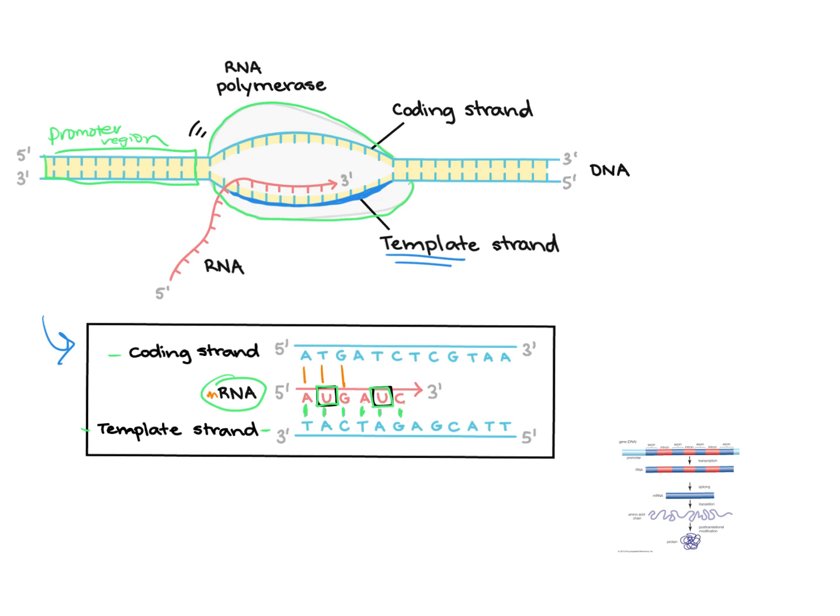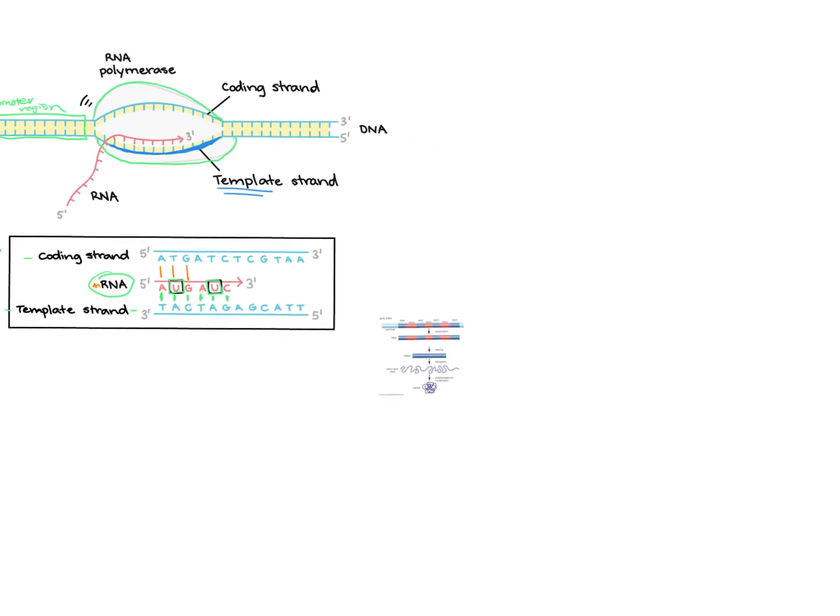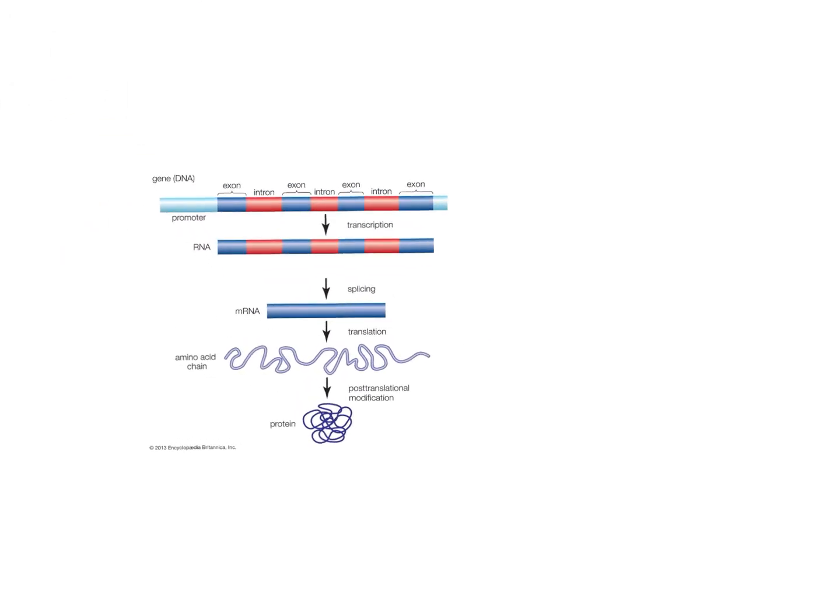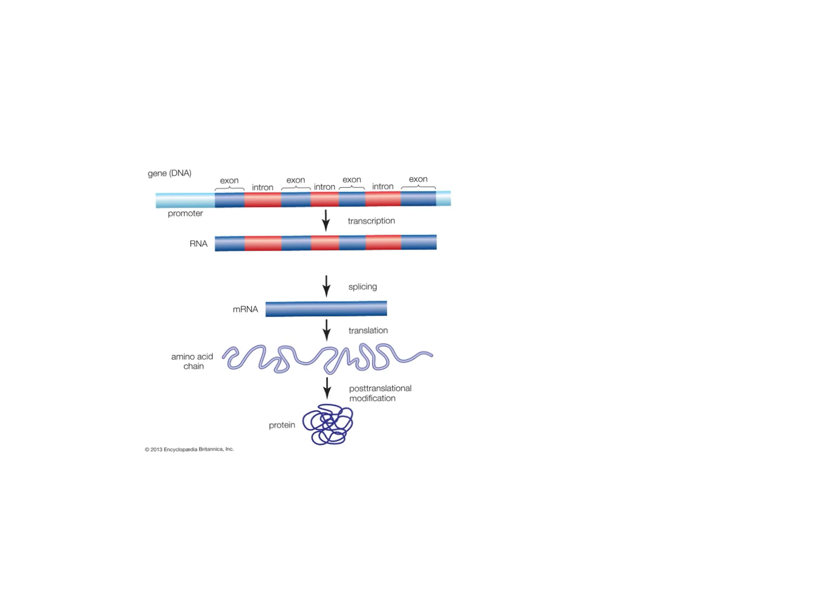So RNA polymerase comes in, opens up the DNA strand, reads the template strand, and creates that mRNA from it. Now, once we're through with that, we go into splicing. Here is our gene, our DNA. We have our promoter region right here, and then exons and introns are present.